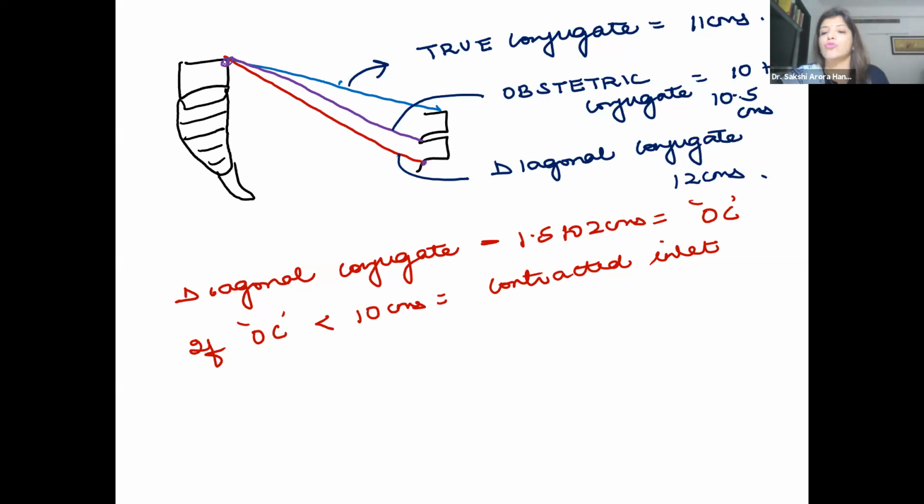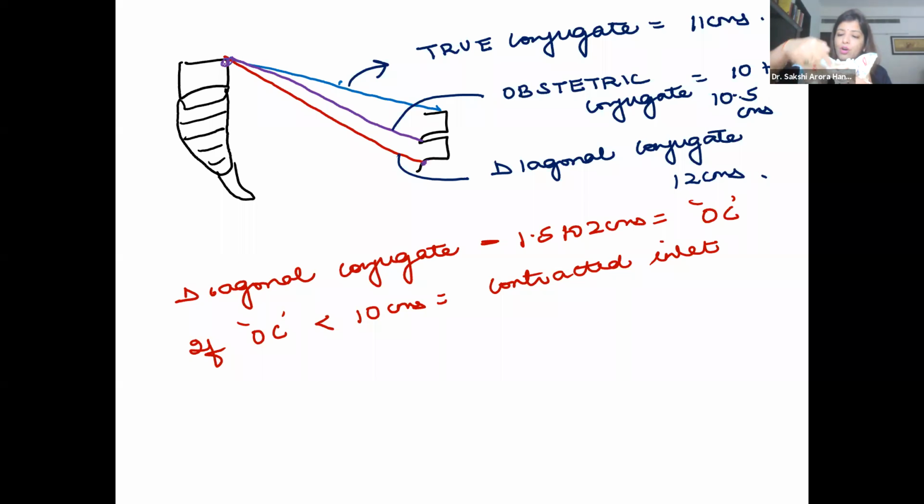Obstetric conjugate is from the middle of the pubic symphysis. So obviously, if it is from the middle of the pubic symphysis, you cannot measure it clinically, right? And it is going up till the sacral promontory. The value of obstetrical conjugate is between 10 to 10.5 centimeters. And from the upper border of the pubic symphysis going up till the sacral promontory is the true conjugate, right? True conjugate is 11 centimeters.